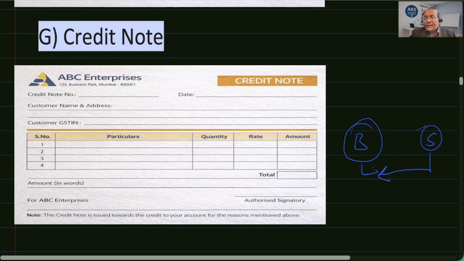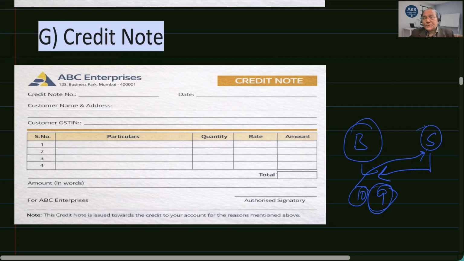After the sale is executed, the seller came to know that against the 10 books for which payment was received, only 9 books have been supplied to the buyer. The seller comes to know of it later.